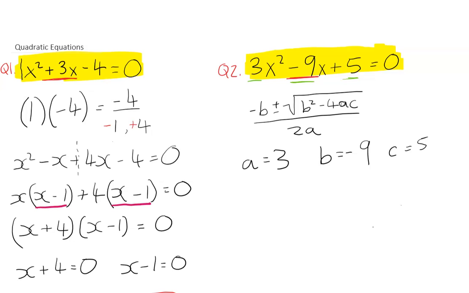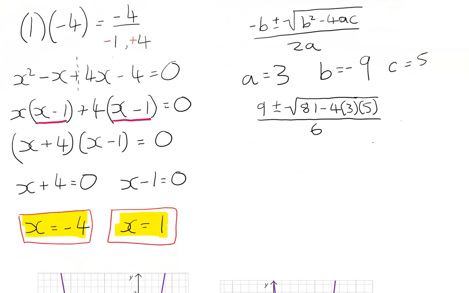And then you can plug it into your formula. So minus b, so minus 9 is plus 9, plus or minus the square root of b squared, so minus 9 squared is 81, minus 4a, which is 3, and c, which is 5. That's all over 2a, and we know a is 3, so 2 times 3 is 6. Okay, I'm going to tidy up this side a small bit, so the square root.